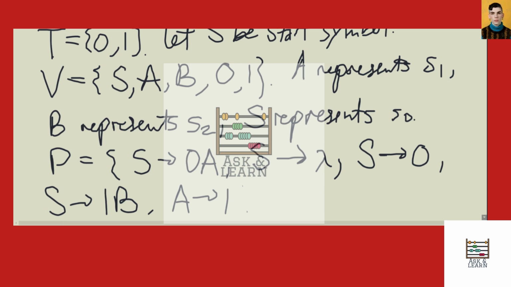So A can be replaced by a 1A. It can also be replaced by a 1, since S1 is final. And we see that A can be replaced by a 0B.